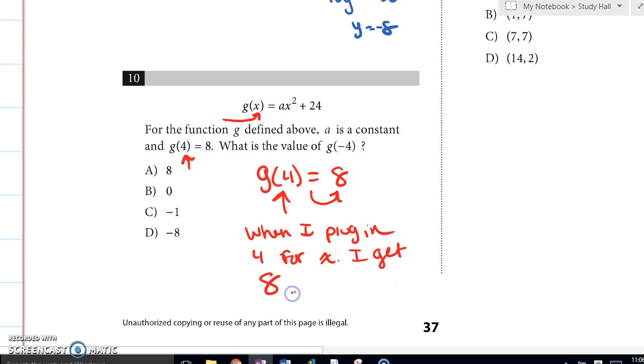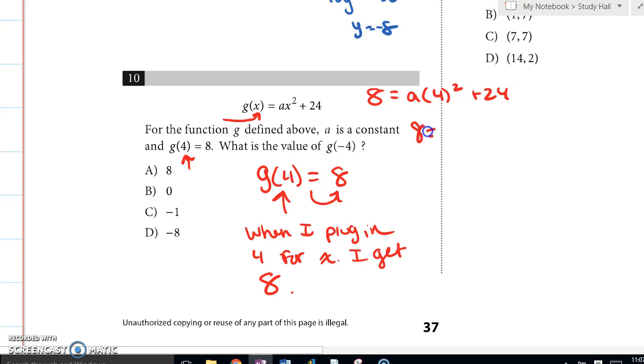So we can take that statement and plug it in here. g of 4 equals a times 4 squared plus 24. But I also know what g of 4 is: 8.